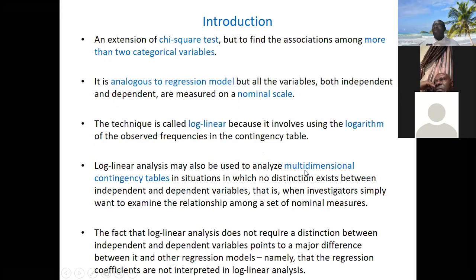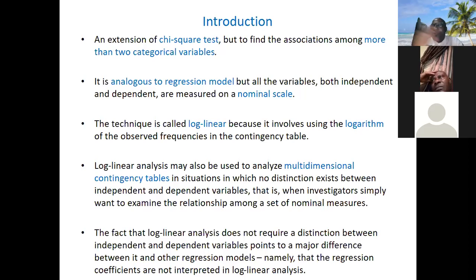Or if it is multiple, as many as possible, the independent variables or the factors or the determinants or the exposures. So in log linear, there are some situations where you are just doing exploration, especially exploratory factor analysis. Those variables, there are plenty. You just want to look at the relationship between them.